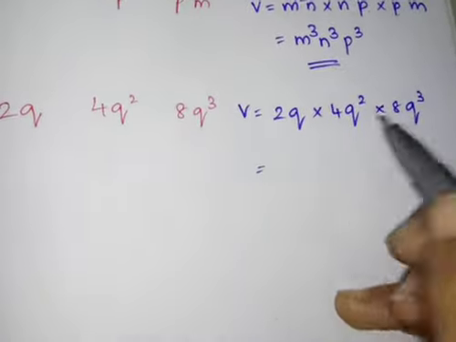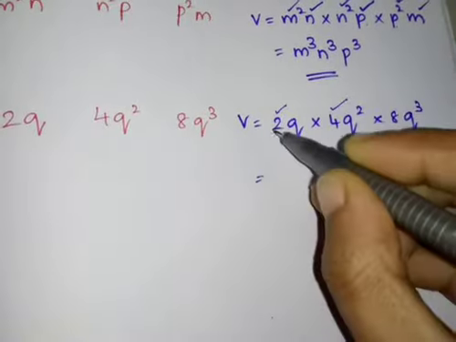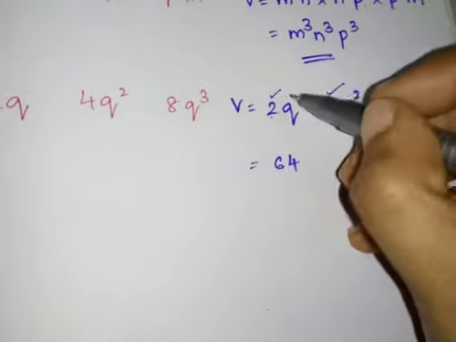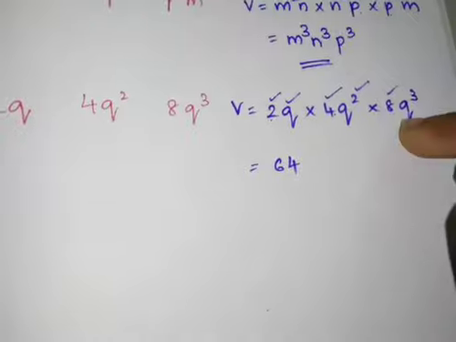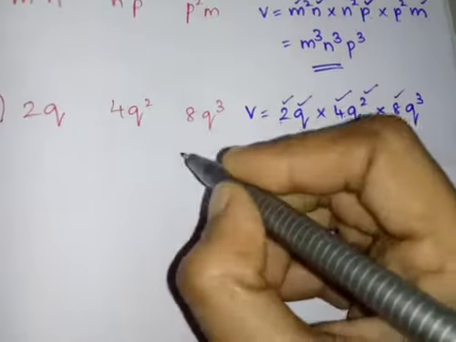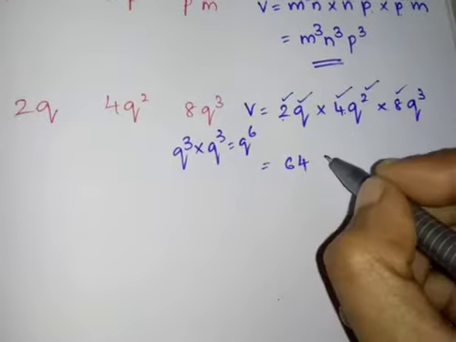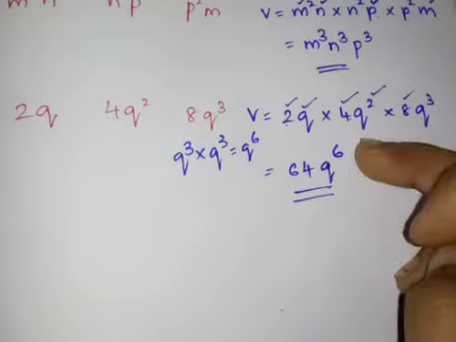Now multiply the numerical coefficients: 2 fours are 8, 8 eights are 64. Now q into q square is q cube, q cube into q cube is q power 6. So 64 q power 6 is your answer.